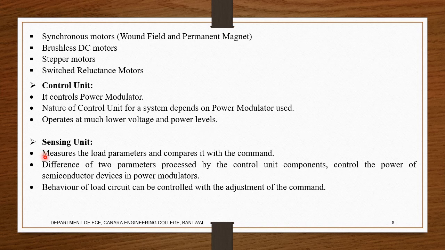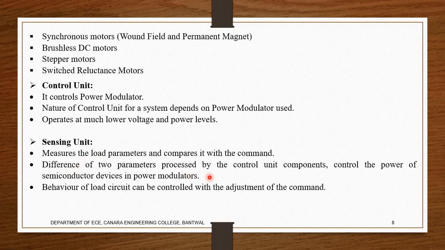Next is the sensing unit. It usually measures the load parameter and compares it with the command. Whatever is obtained from the motor or the load is given to the sensing unit, and it goes to the control unit, which compares it with the command to see whether the target levels have been achieved.